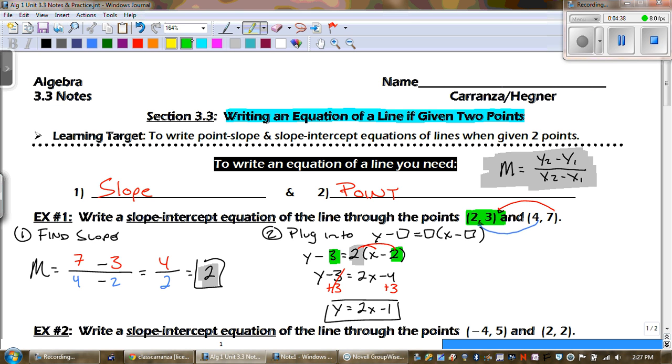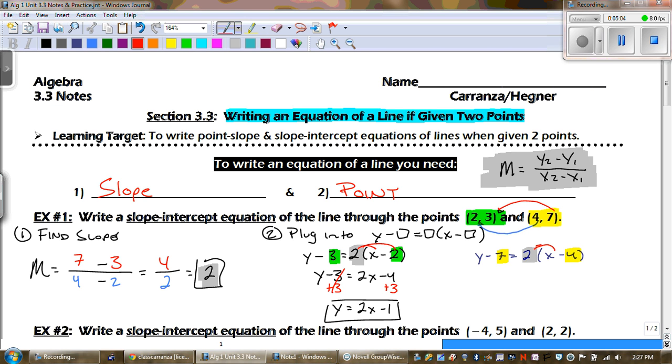You're like, well, Mr. Grice, I'm going to pick the other point. Cool. Let's do the other point and see what happens. We get y minus 7 equals, our slope was 2, x minus 4. Once again, our slope was the 2, and we get the 7 and the 4 from the point.